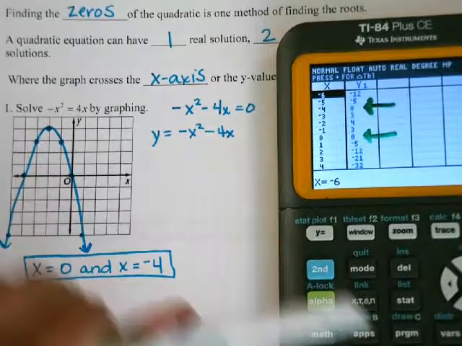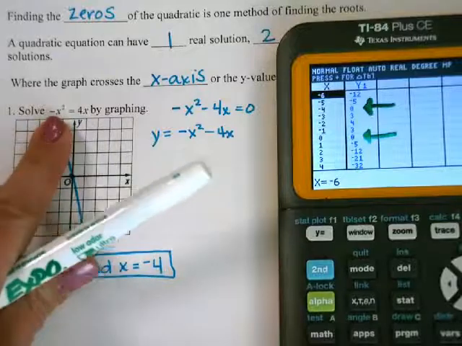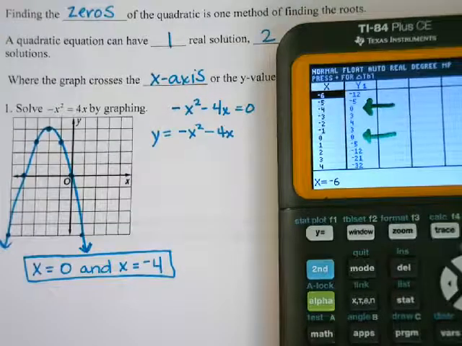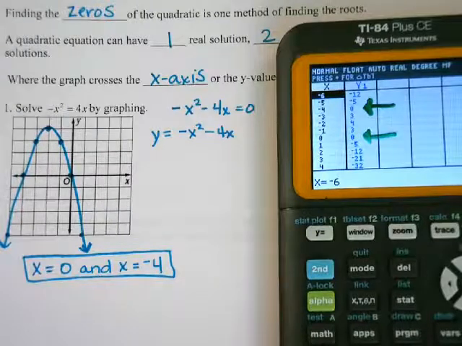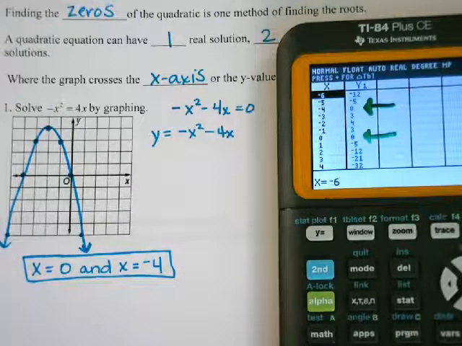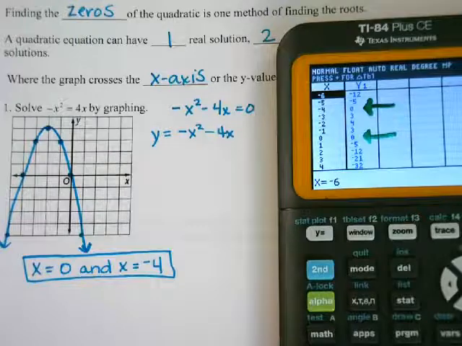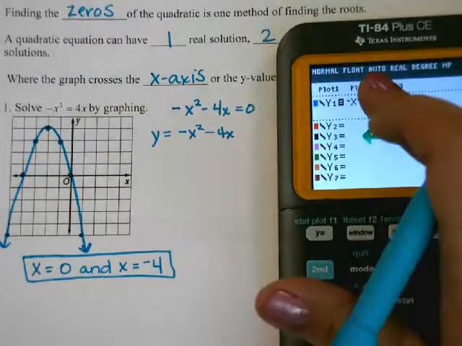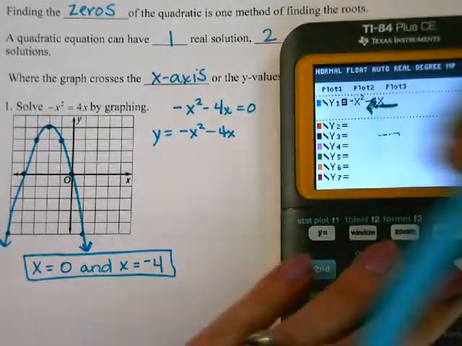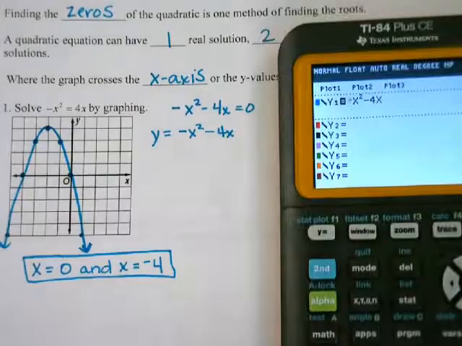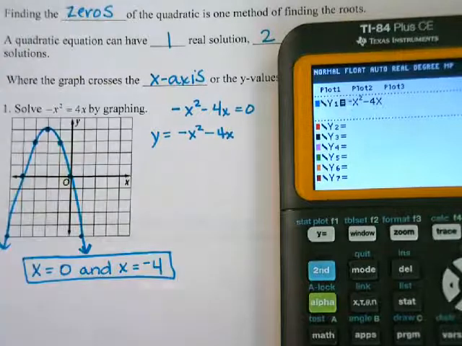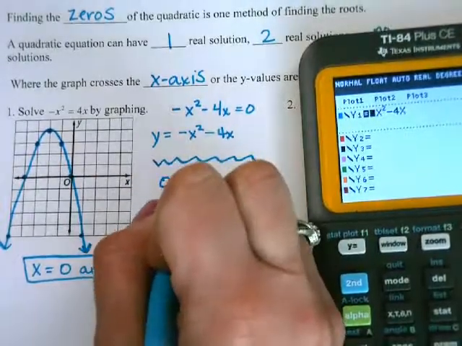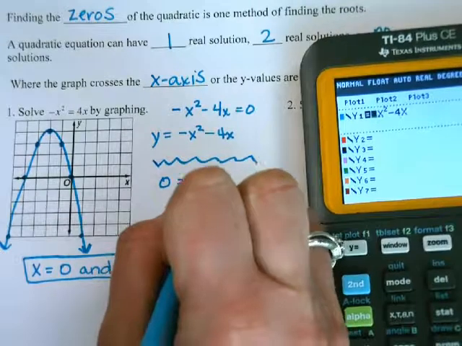Okay, so at the beginning I moved the 4x to the left, right? And I subtracted it. What if I would have moved the x squared to the other side? Would that change where it crosses my x-axis? I don't know, let's see. I got to erase my screen. If I would have moved it to the other side, I would have had 0 equals x squared plus 4x.